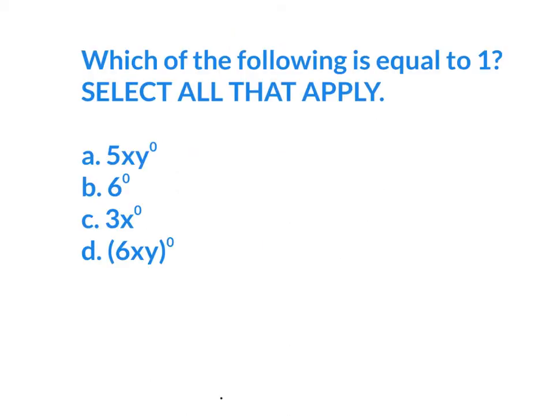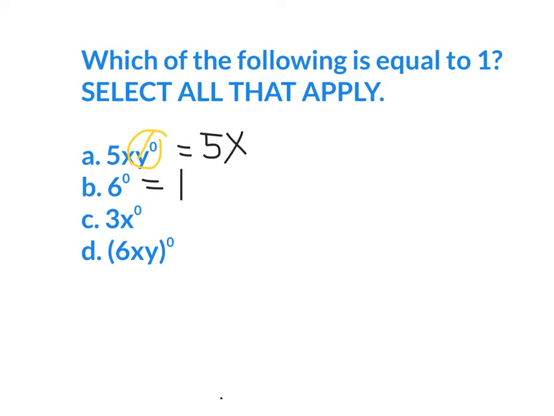So which of the following would be equal to 1? Select all that apply. For A, the only thing raised to the 0 power is y, so that's the only thing that's equal to 1, and A is actually equal to 5x. For B, 6 to the 0 power, anything raised to the 0 power is 1.